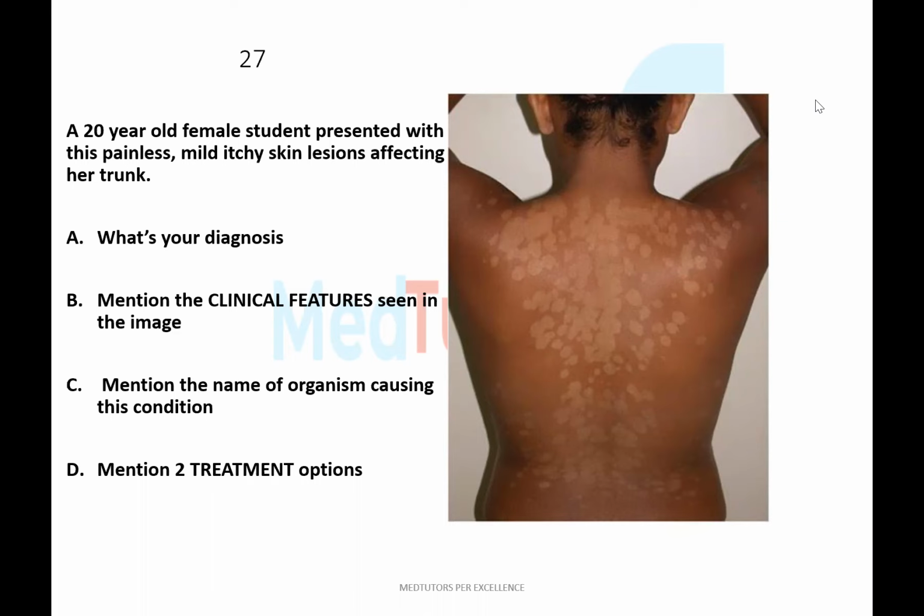Yes. So what can we see here? What is the most obvious thing in this picture? Hypo and hyperpigmentation. Yes, that's correct. So next.